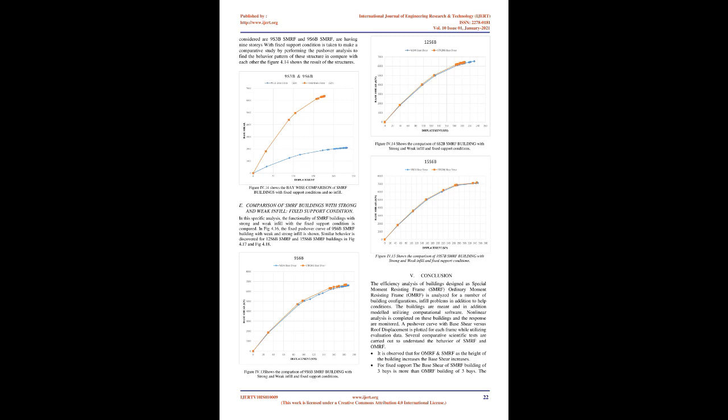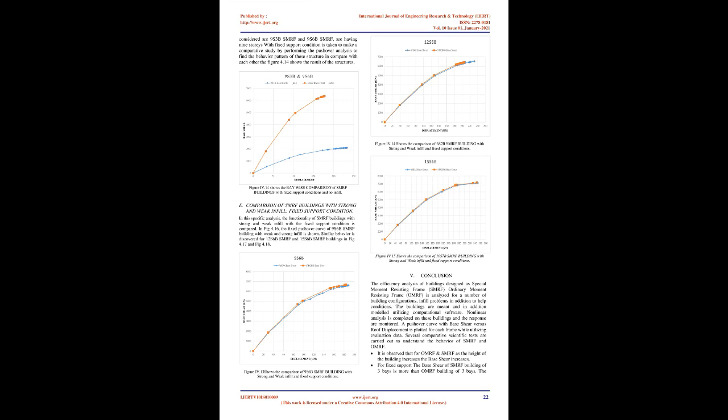It is observed that for OMRF and SMRF, as the height of the building increases, the base shear increases. For fixed support, the base shear of SMRF building of 3 bays is more than OMRF building of 3 bays. The percentage increase in base shear for SMRF is from 81% to 90%.